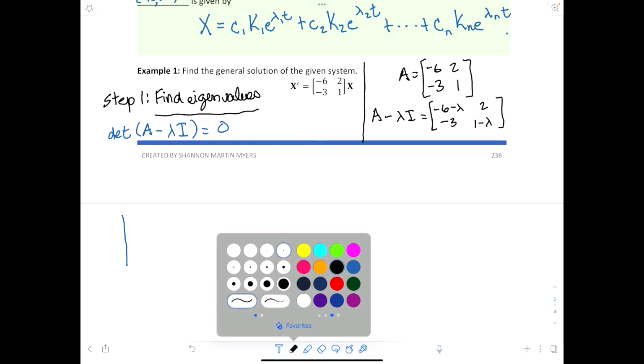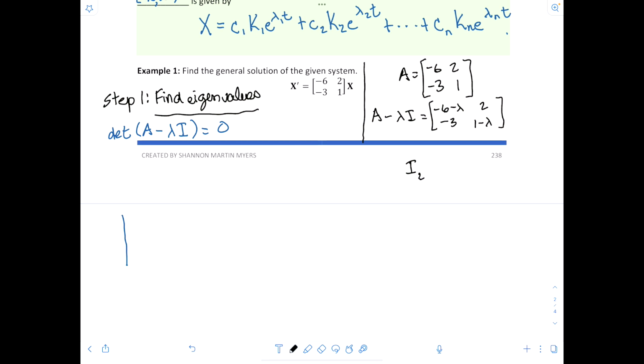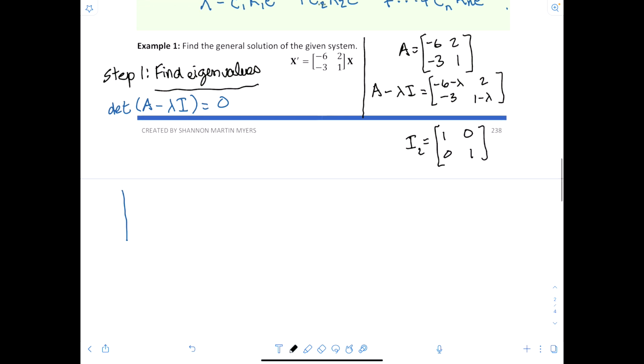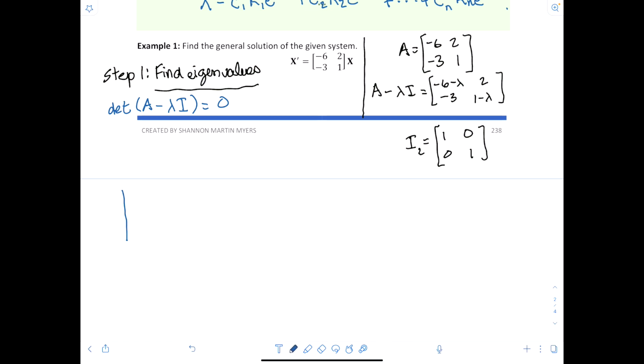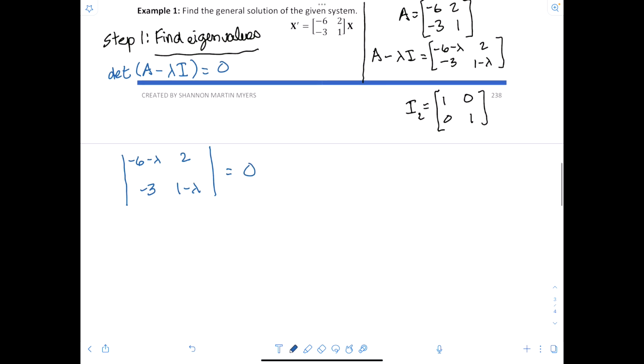Just to note that we're in I2 right here because we have a 2 by 2 matrix, and that's the identity element for matrix multiplication for 2 by 2 matrices. So we have negative 6 minus lambda, 2, then negative 3 and 1 minus lambda. That determinant has to be equal to 0.